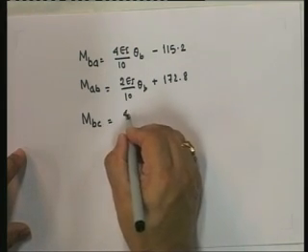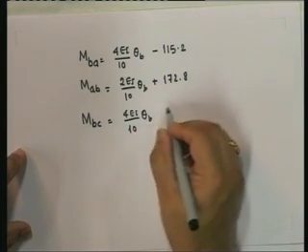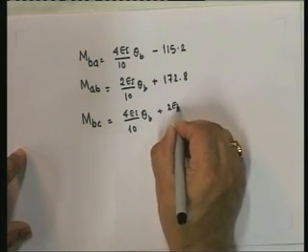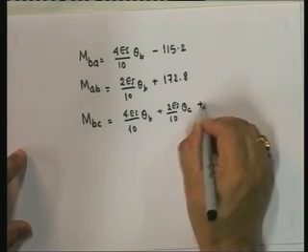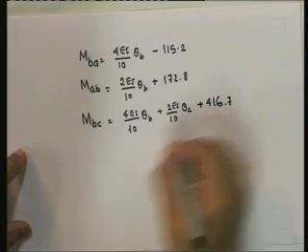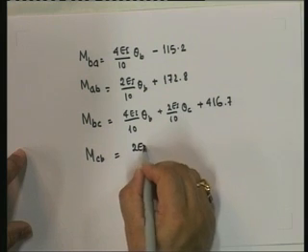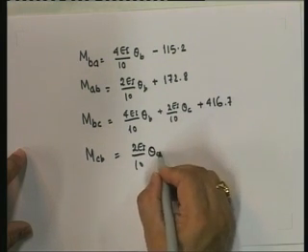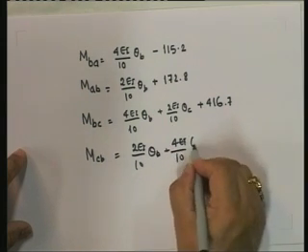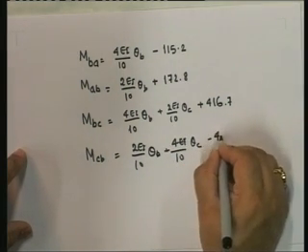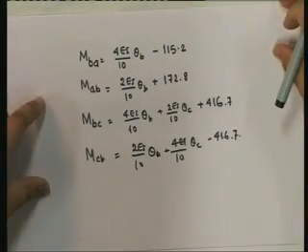MBC is equal to 4 EI by 10 theta B plus 2 EI by 10 theta C plus 416.7, and MCB is equal to 2 EI by 10 theta B plus 4 EI by 10 theta C minus 416.7. So these are my member end moments.